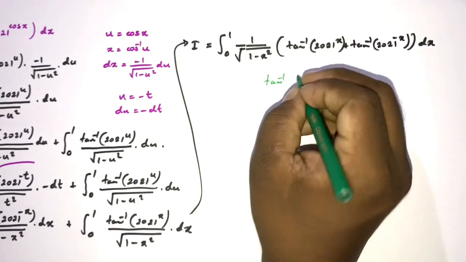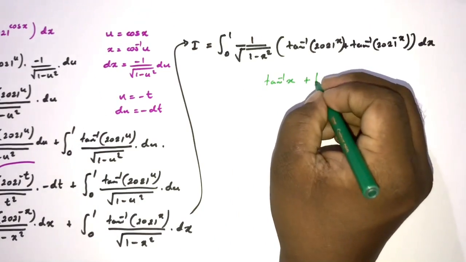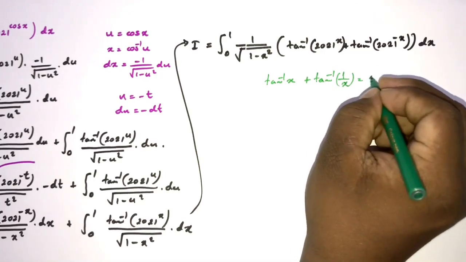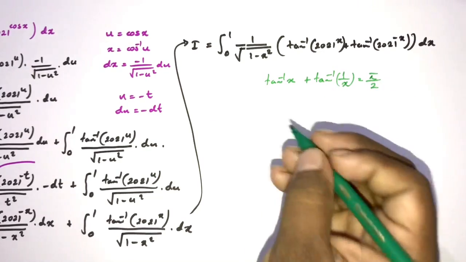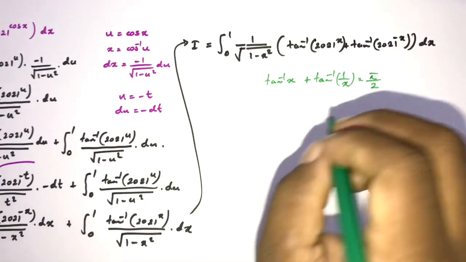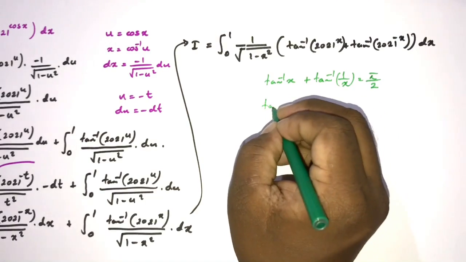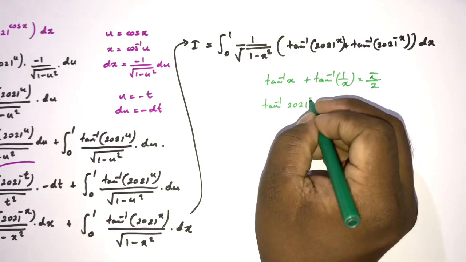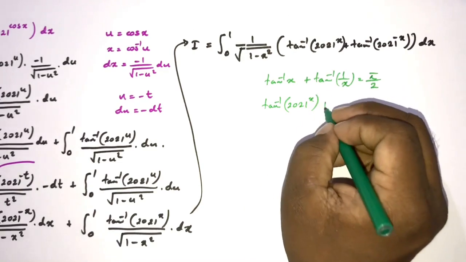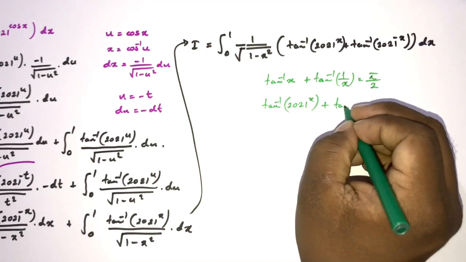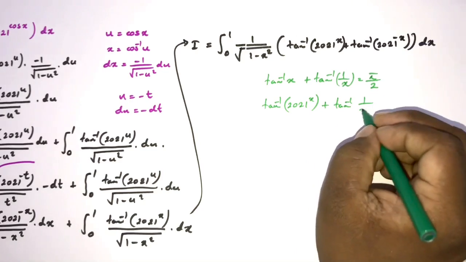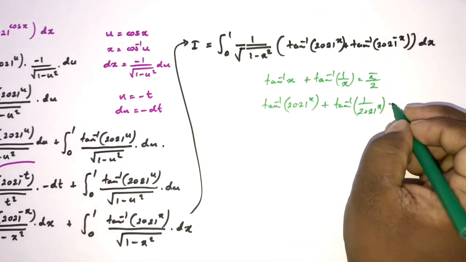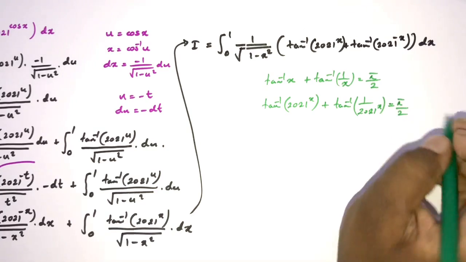Okay, then we know this formula: inverse tan of x plus inverse tan of 1 over x is equal to pi over 2 when x is greater than 0. So we can write inverse tan of 2021 raised to the x plus inverse tan of 1 over 2021 raised to the x is also equal to pi over 2.